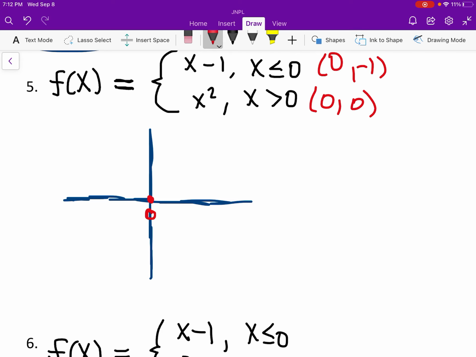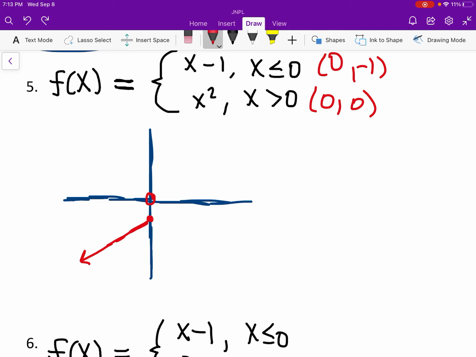This one's closed because it's less than or equal to, and this one's open because it's only greater than, not equal to. So we already said that this would need to point in the left direction because it's less than or equal to 0. And if you think about it, if this was not a piecewise function, that is what it would look like if it was full.